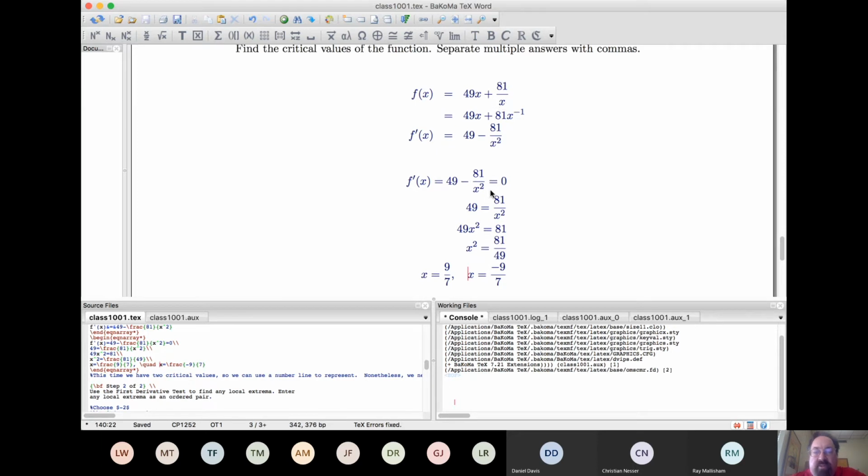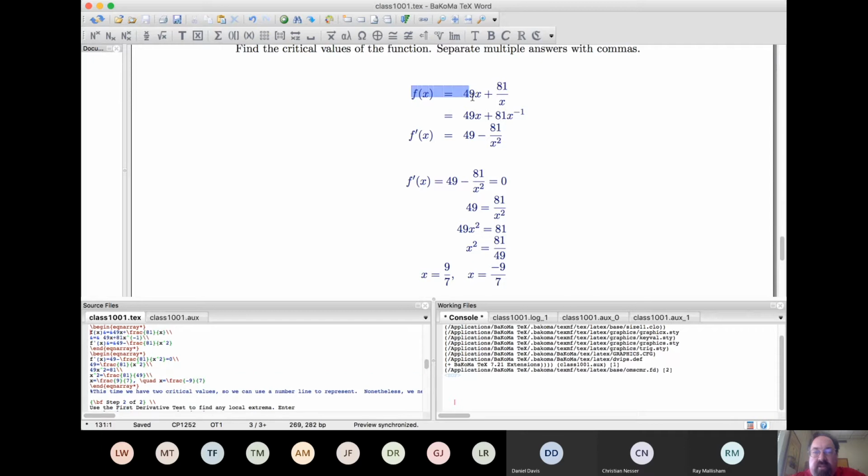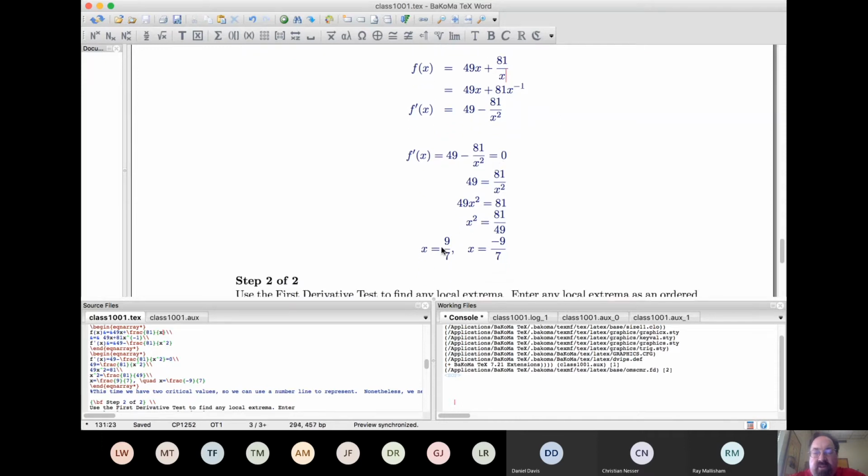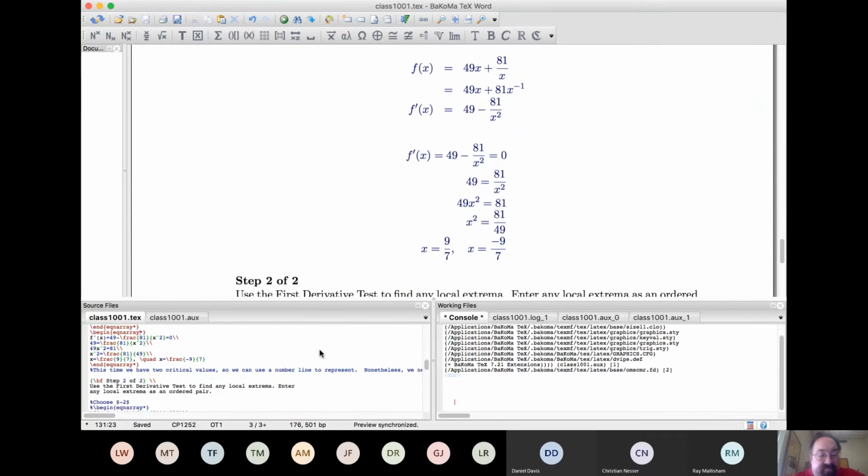So to be a critical value, it must be in the domain of the original function. And so if f is defined at a point, but the derivative is not defined at that point, then it's a candidate for a critical value. So critical values must be within the domain of the original function f of x, but in this case, x equals 0 is not. So these are the only critical values that we have, plus and minus 9/7.